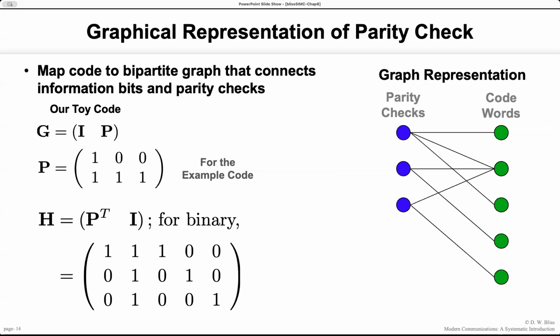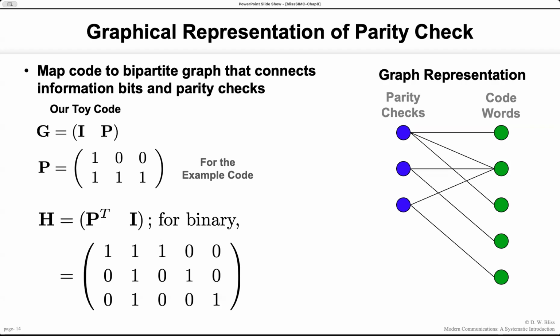You can think about the structure being the number of parity bits by the number of bits in the code word, and the connection between them is indicated by a one. So a parity check can tell you what code word bits are connected to that parity check.